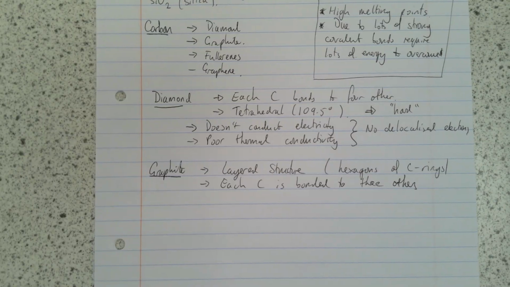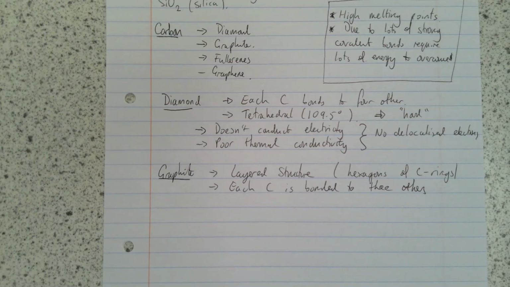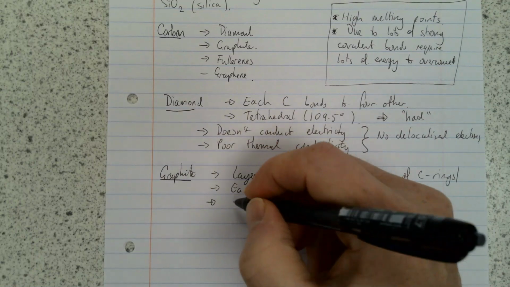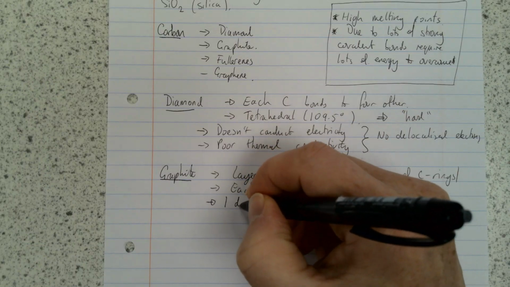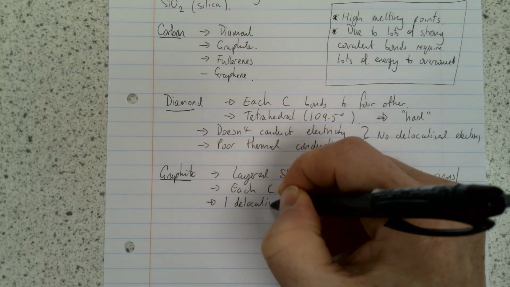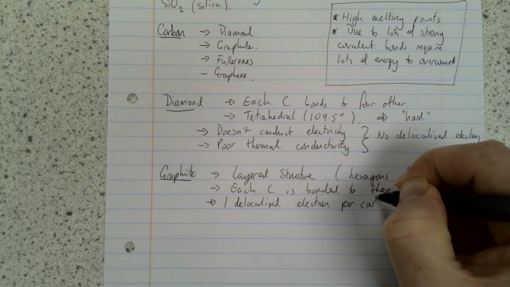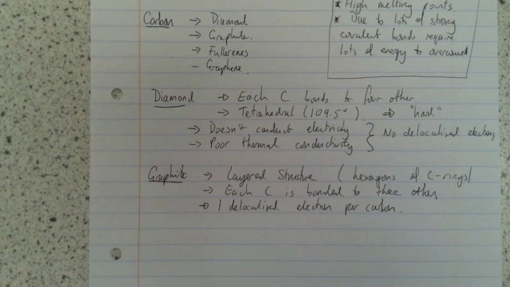I'm not going to do that now, there's no need to. But you need to know that because each carbon is bonded to 3 others in the layered structure, as you know from GCSE, there are delocalized electrons. So one delocalized electron per carbon. Delocalized just means not localized, not fixed in place. That's all it means. So one delocalized electron per carbon.